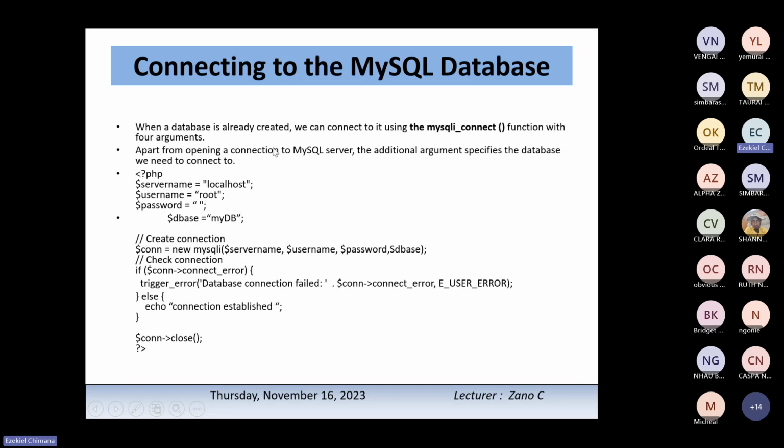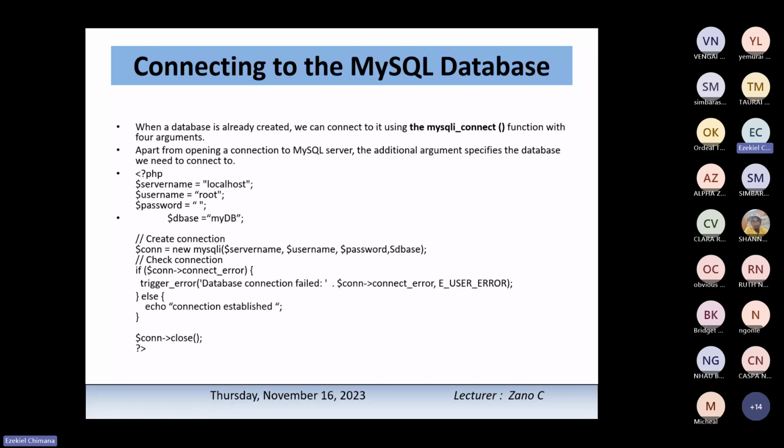So we can say localhost, root, and then you put the password and the database itself. And on the new connection, you pass the server name, the username, the password, and then you add the database itself, so it's $database here, DBase. After doing so, you'll be connecting to the MySQL database straight.